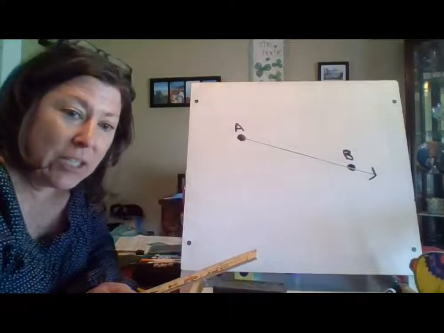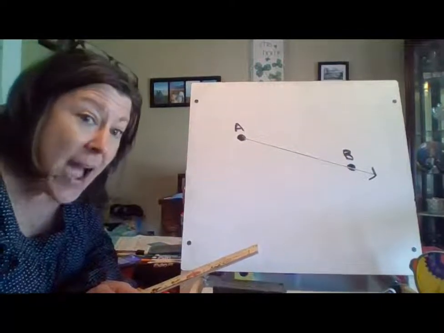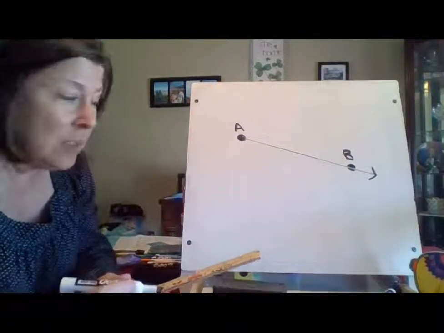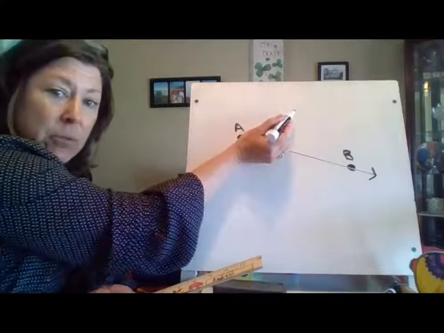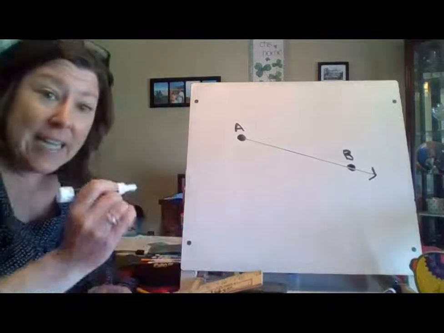The next direction says to draw a new point that is not on AB and label it C. So you can put yours up here, you can put it down here, you can put it over there. It doesn't matter.